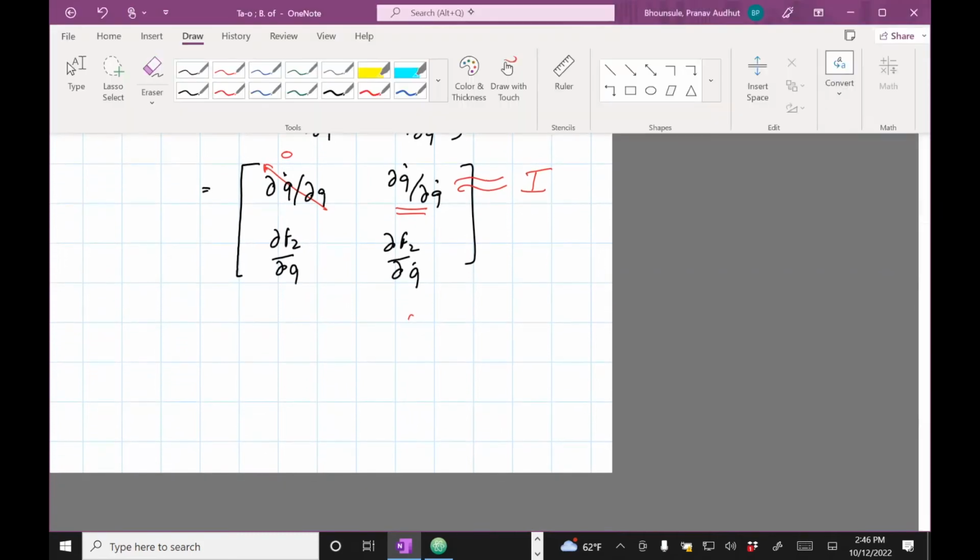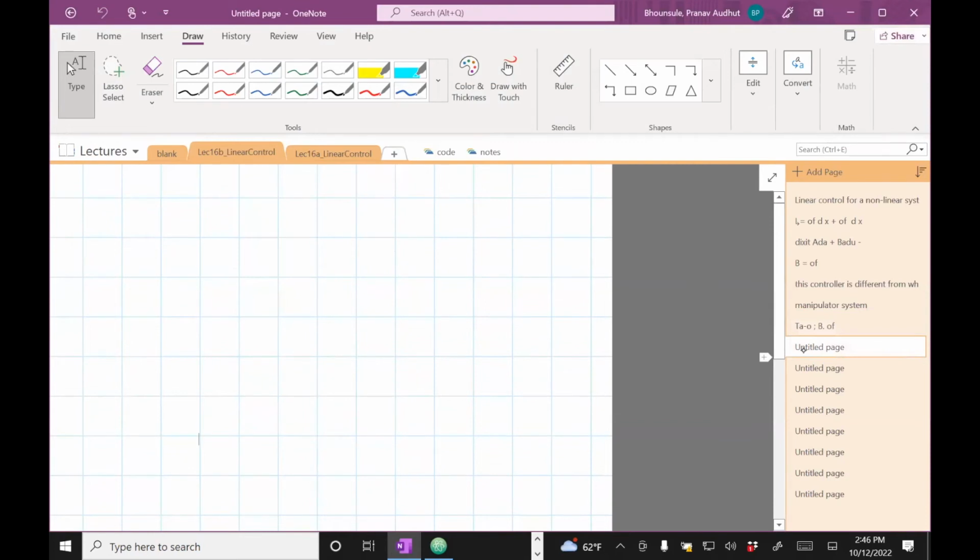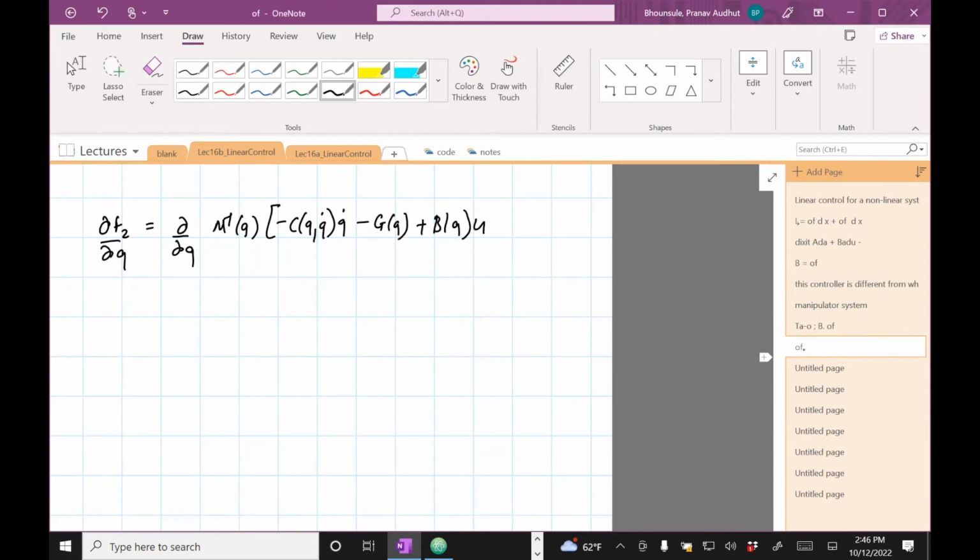Okay, let's simplify the other part, which is df2 dq. So this is going to be d of dq. Just do it on a new page. Okay, so let's do that derivative.